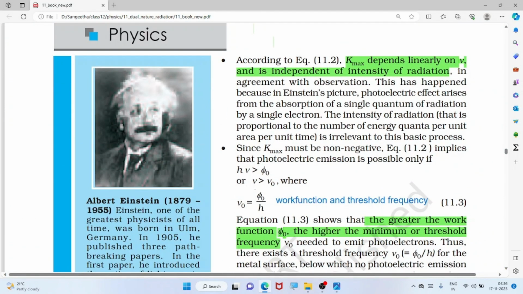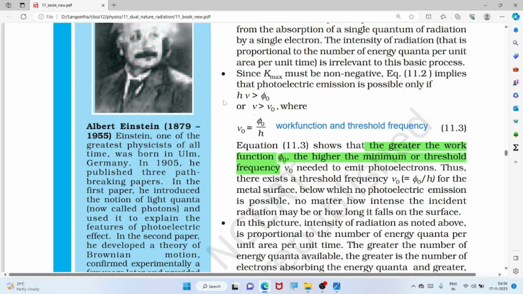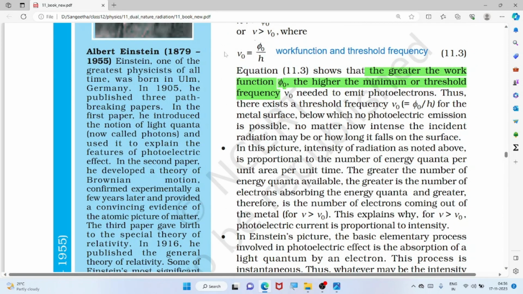So here K max is independent of the intensity of the radiation and only depends on the frequency. This is how the threshold frequency is related to the work function.